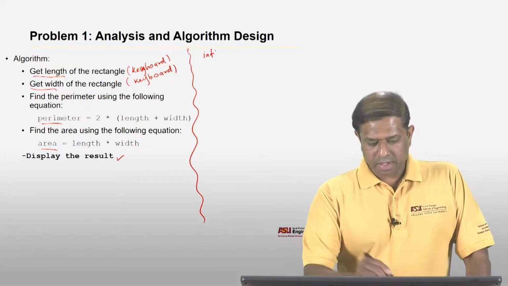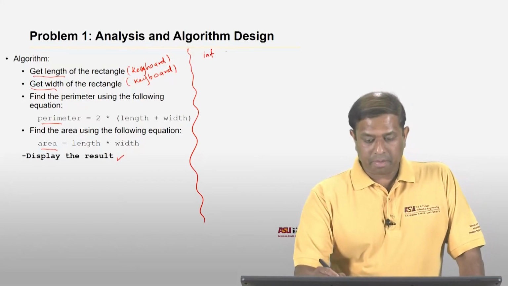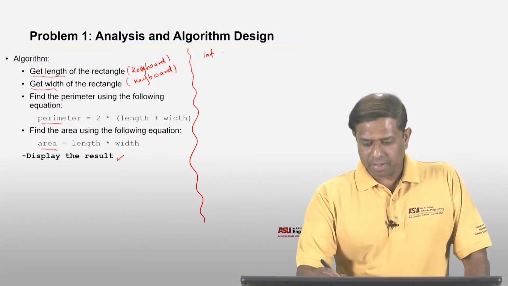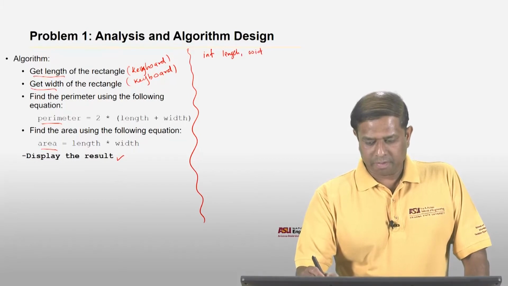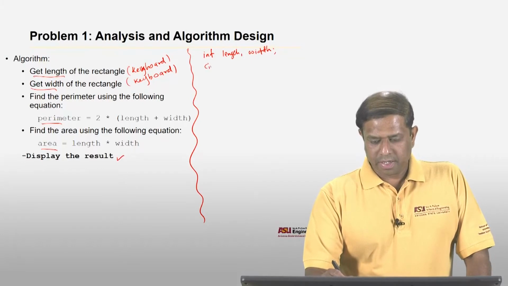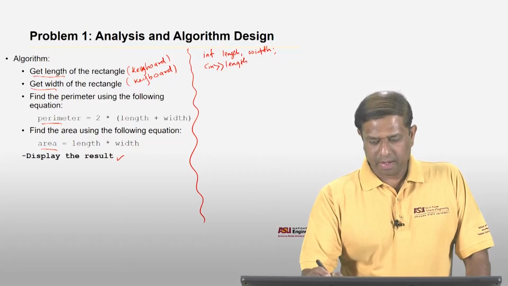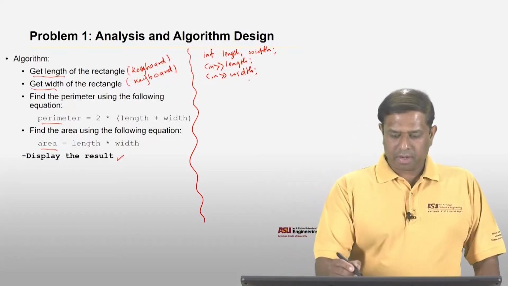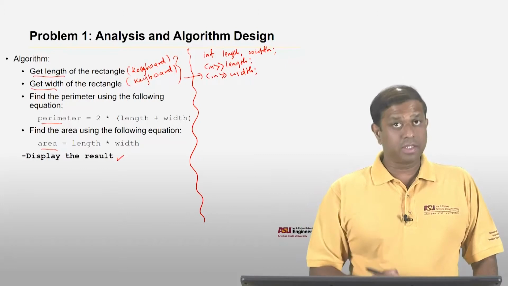Length and the width may be in the form of integers, so we are going to define two variables, one for length and the other one for width, right? And then we need to read these two data items from the keyboard, so read length and then read width from the keyboard. So that's pretty much accomplishing the first two statements in here.